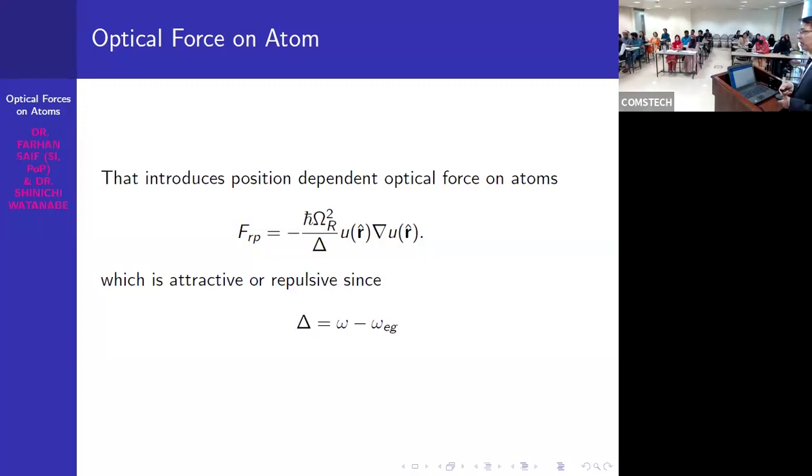The force also depends upon the detuning between the field frequency and the transition frequency. If the field frequency is large and the transition frequency is small, delta is positive, and if the field frequency is small and the transition frequency is large, it will be negative. So a positive or negative sign of delta will change the force from attractive to repulsive.